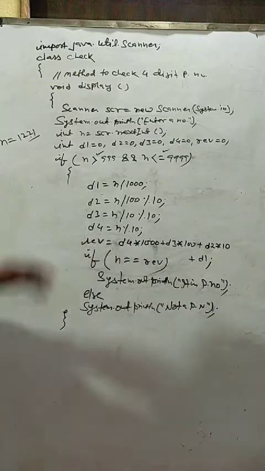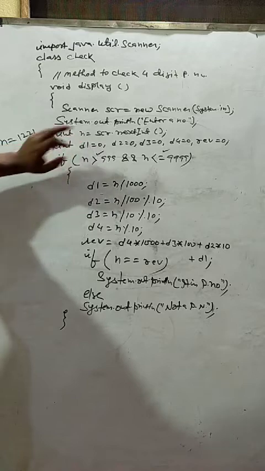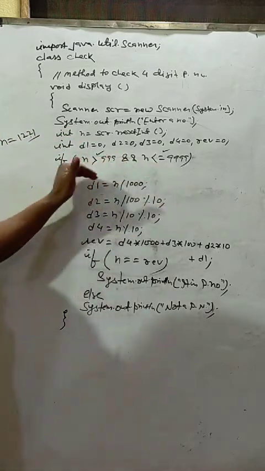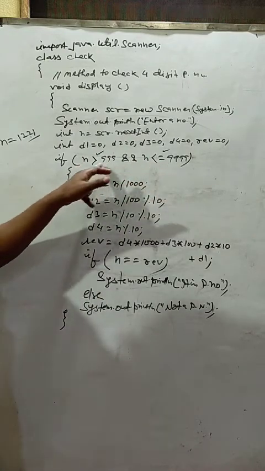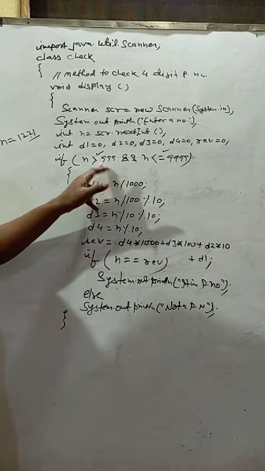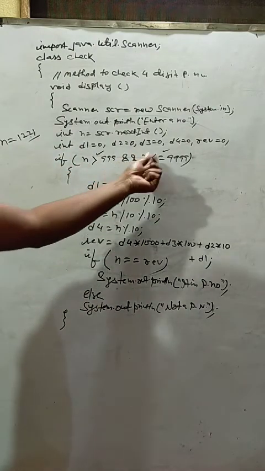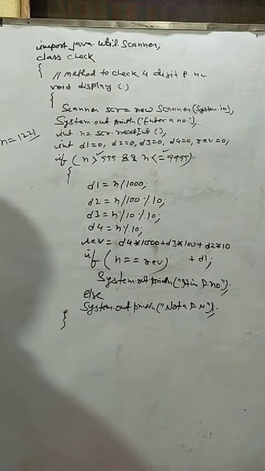See, first of all, we enter a number n. We will check whether it is a 4-digit number or not. To check the 4-digit number, we will compare the number using 999. Number should be greater than 999 and it should be smaller than or equal to 9999.